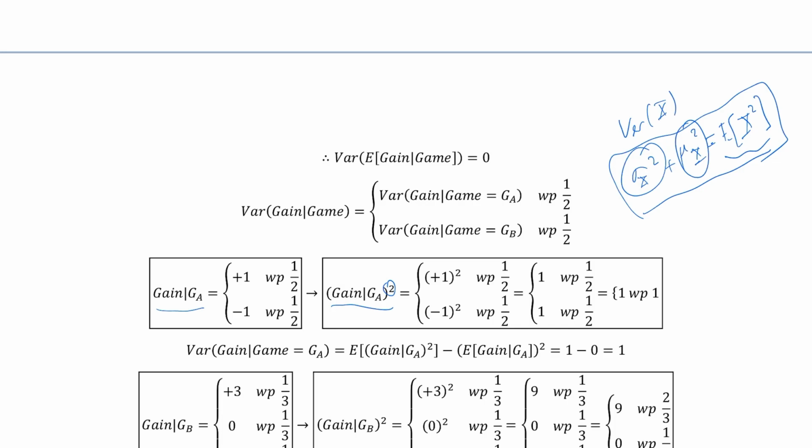Actually, for discrete distributions, like here this is Bernoulli, but for multinomial distributions, it is quite easy to compute that.